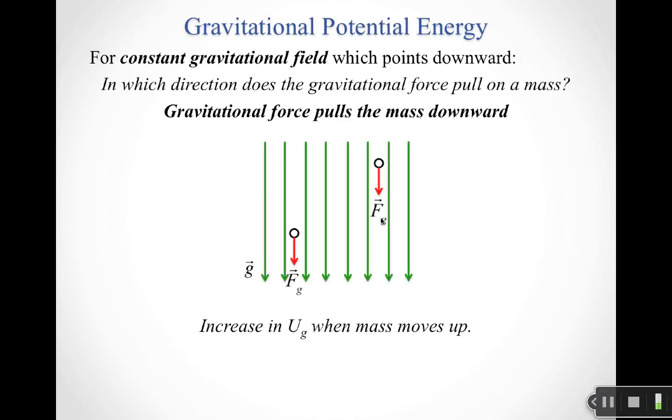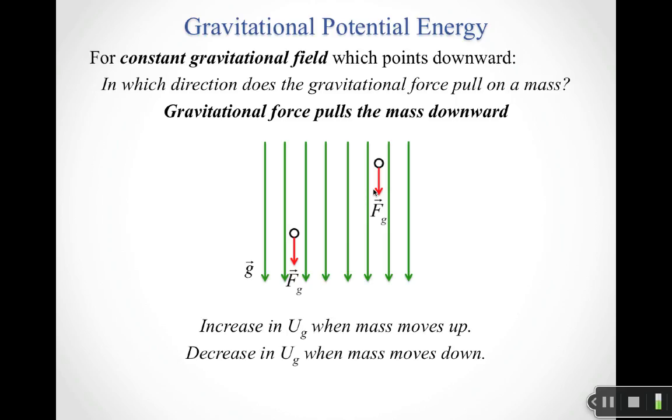Well, what this means then, because the gravitational potential energy is related to negative the work done by the gravitational force, is that I increase the gravitational potential energy when my mass moves up. So you increase the potential energy by making the gravitational force do negative work. That happens when my mass moves up. I decrease the gravitational potential energy when I allow the gravitational force to do positive work.